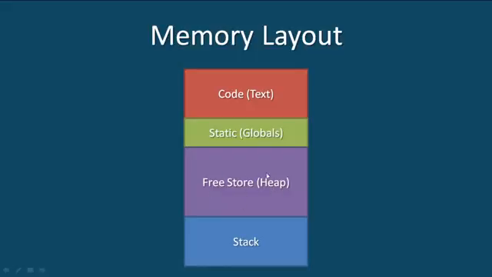This memory area is what's left over after the allocation's been done for the globals, text, and stack area. In C++, we actually have to manage this area of memory. Whenever we're executing a program and we need to allocate memory dynamically at runtime, it comes from this area. But it is our responsibility, if we allocated any memory from here, that we also deallocate it.